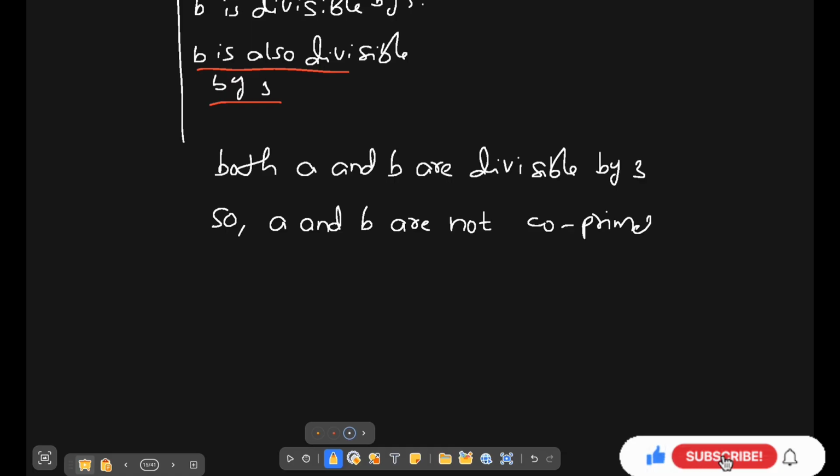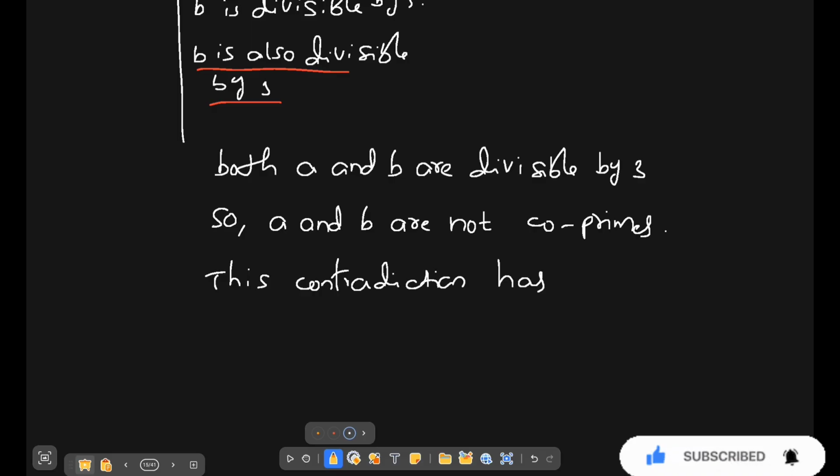That means this is a contradiction to our assumption. We have assumed that a and b are co-prime numbers. So this contradiction has arisen because of our wrong assumption.